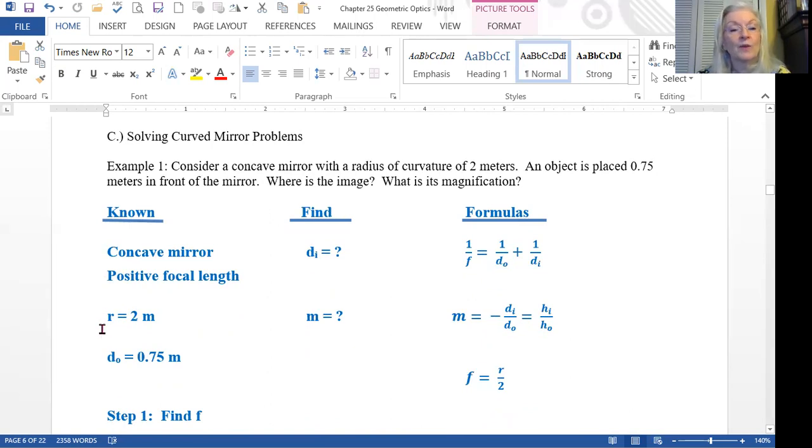They told us that the radius was 2 meters. The object is 0.75 meters in front, so DO is 0.75 meters. We want to know where is the image, that's DI, and what is the magnification. And we have our three formulas that you need to know.